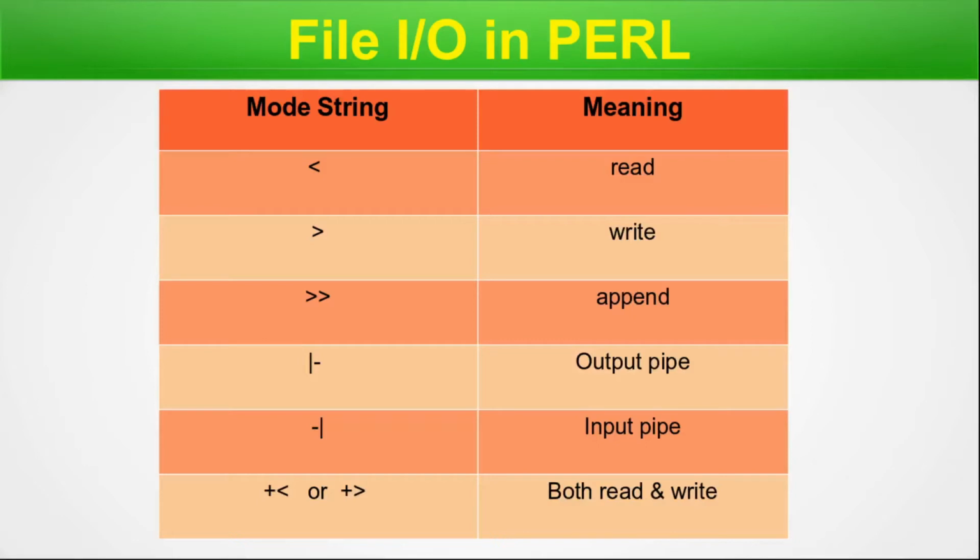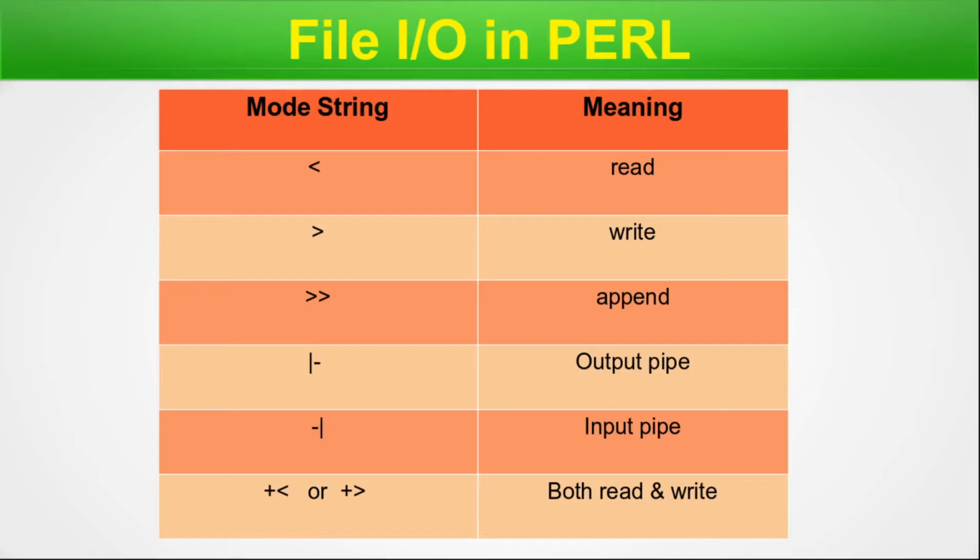Mode. Here in this table I am describing what the mode strings are. You remember that I have shared 3 arguments in the open function. One of them is for opening a file in a particular mode.